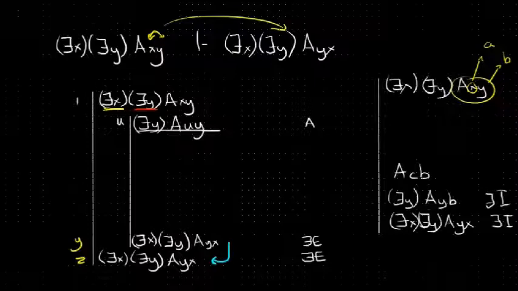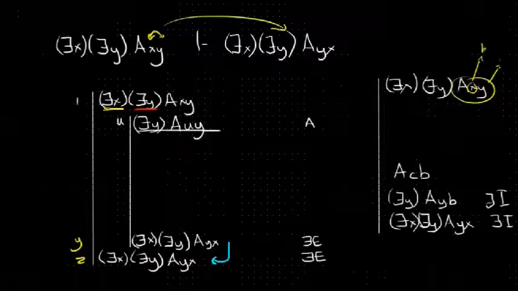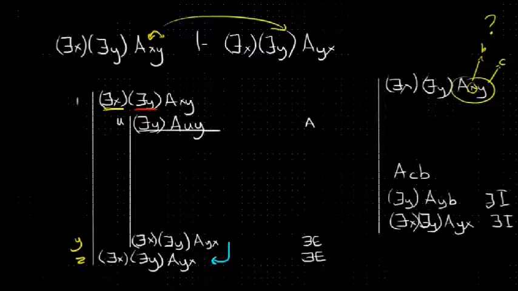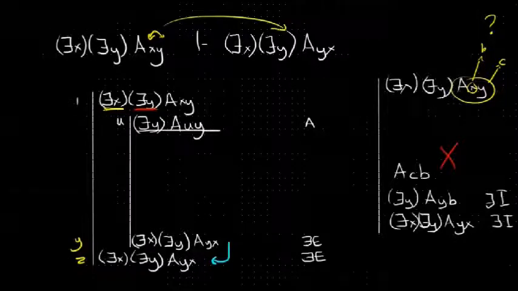Sorry, the x is a b, the y is a c. We've got no way of doing that. In fact, the only way that we can affect this is by doing an existential elimination and doing what we're doing here, replacing those variables with parameters. Okay, so this isn't going to work, this particular method. We're going to need to do it this way.